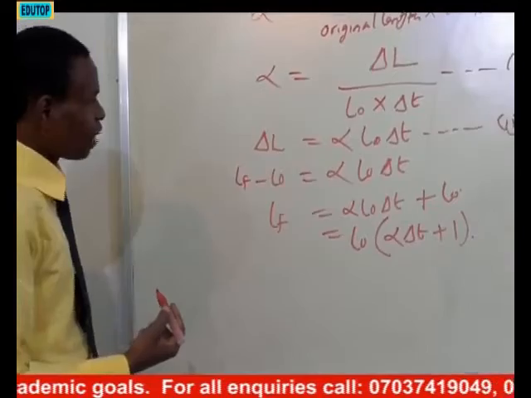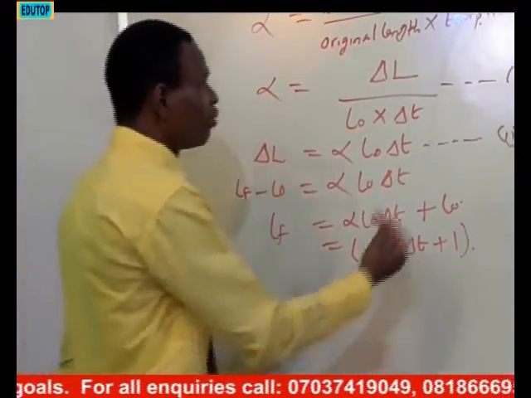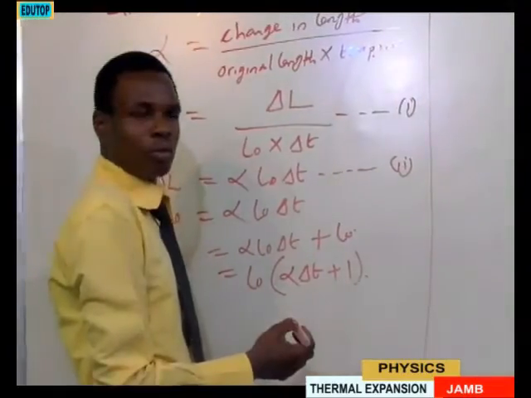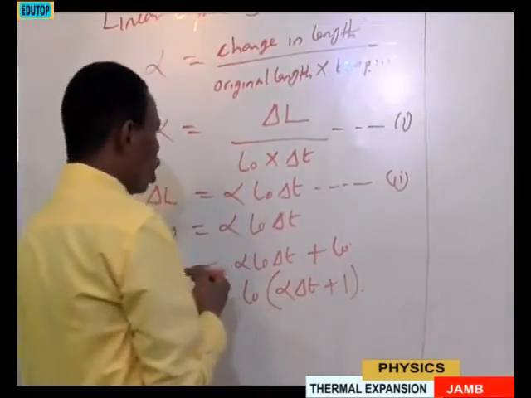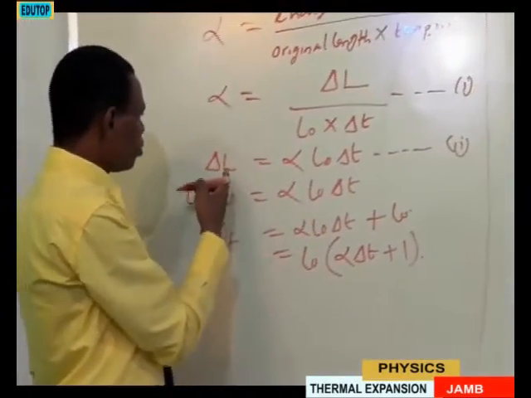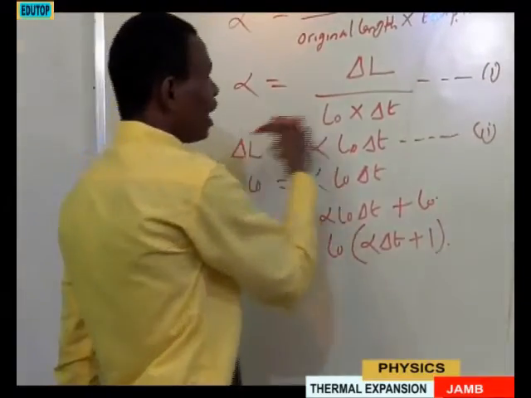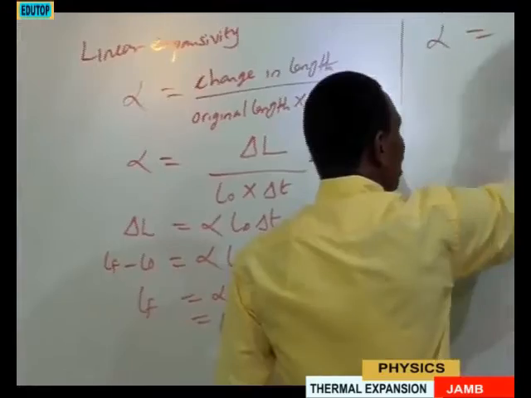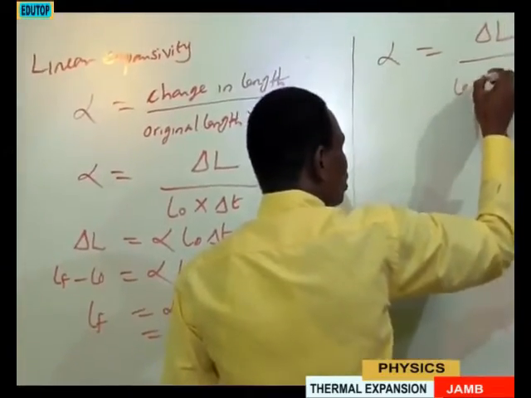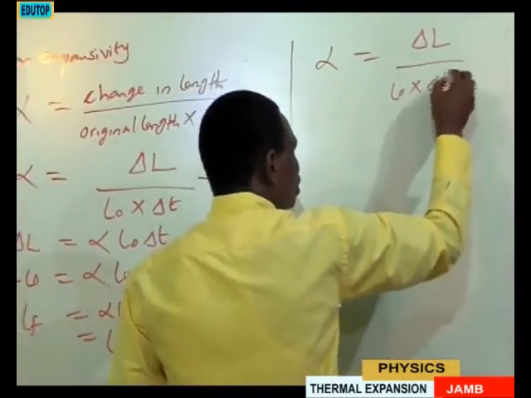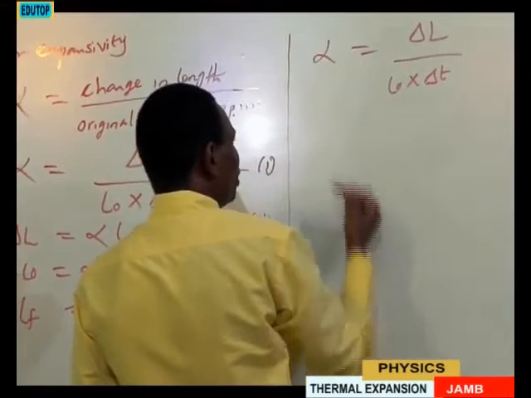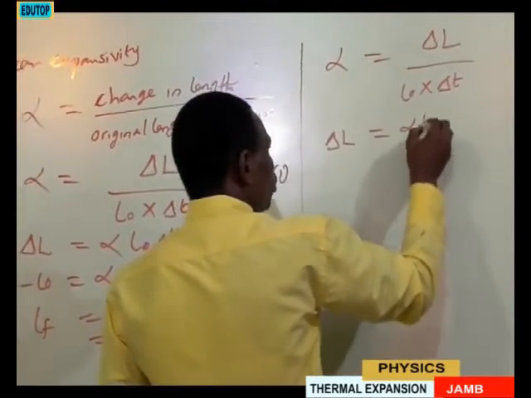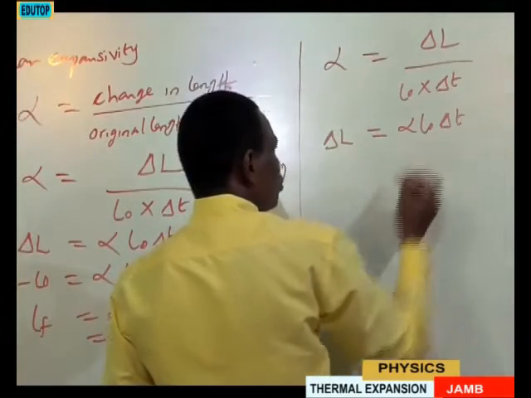We can also have a derivation for final temperature. Let's come from here. Let's write the linear expansivity is equal to change in length over original length times change in temperature. Change in length will be equal to the whole of this again.